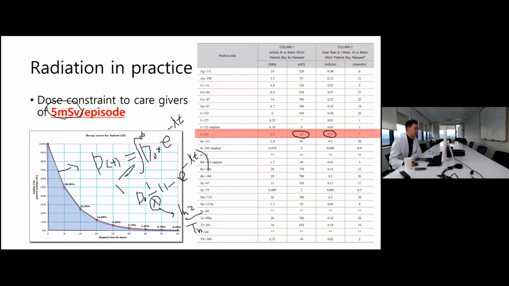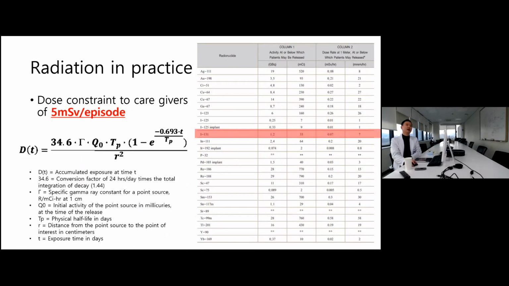We can use the physical half-life or the effective half-life. When applying this, we get a formula like this to calculate the accumulated exposure at time T.